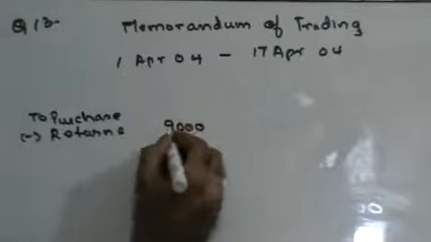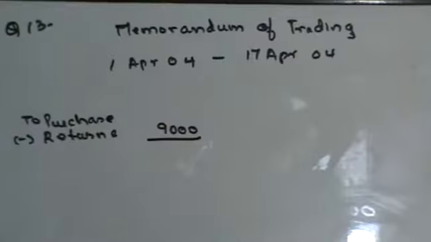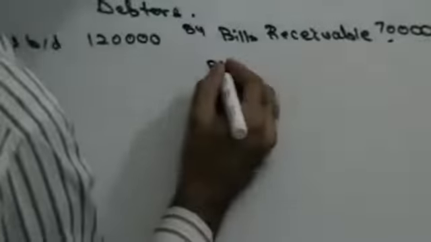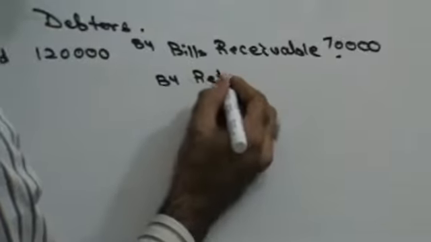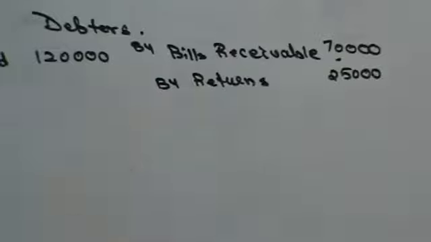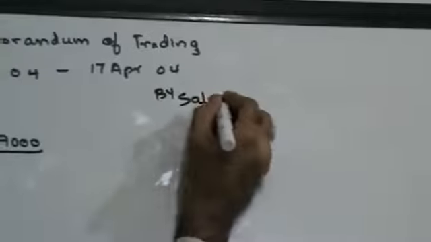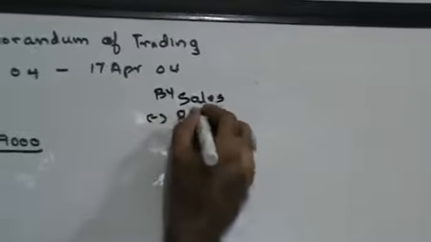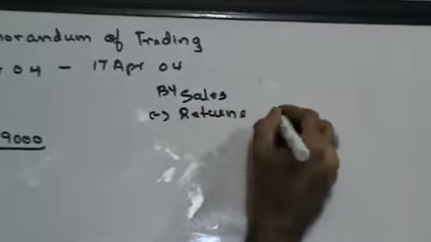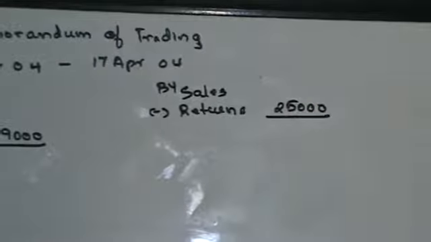Returns is 9,000. Similarly, goods returned by customers, debtors account on the credit side. Returns is 25,000. Second effect of this will be in trading account, sales less returns, 25,000.